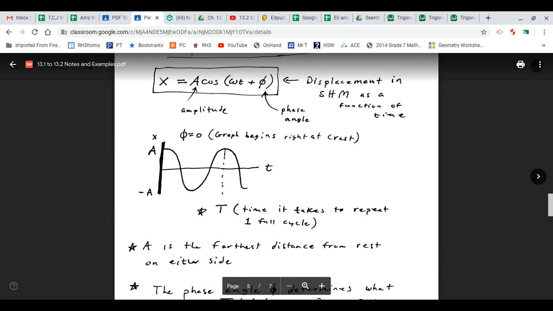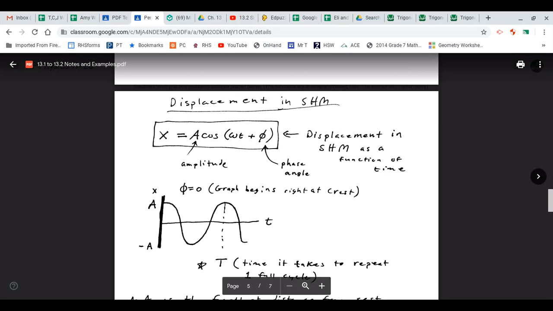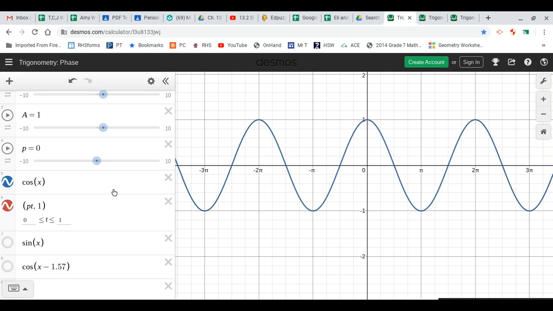So we just have to imagine here that the independent variable t in our actual equation is going to be represented by x on Desmos. So most basic cosine function is y equals cosine x. So that would show us a graph that looks like this.